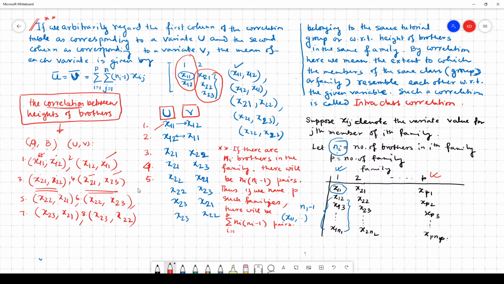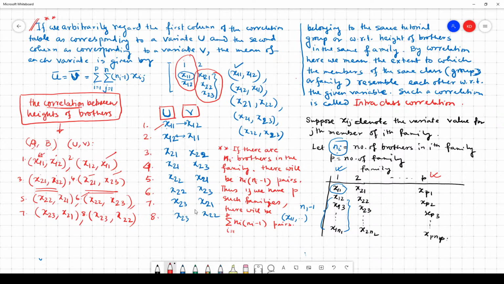For the fifth pair, x22 is u and x21 is v. For the sixth pair, x22 is u and v is x23. For the seventh pair, x23 is u and x21 is v. For the eighth pair, x23 is u and v is x22. In that way you can arrange.